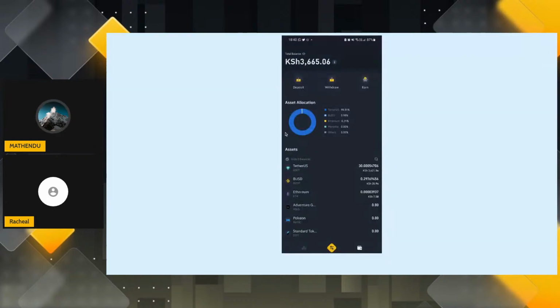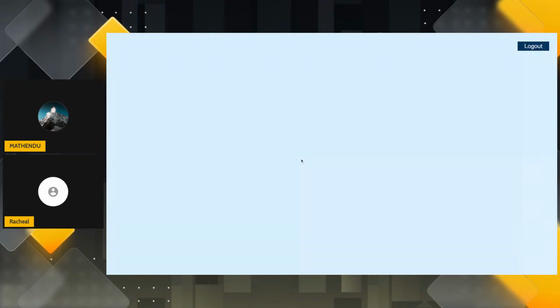So now, the next part is... I also realize our screen is stuck. Just a second as it refreshes and shows the screen.